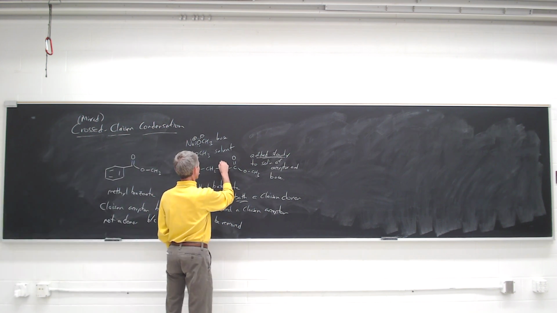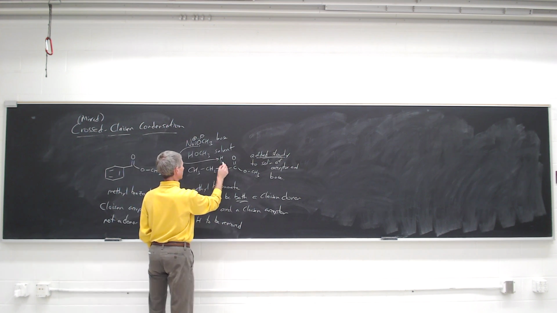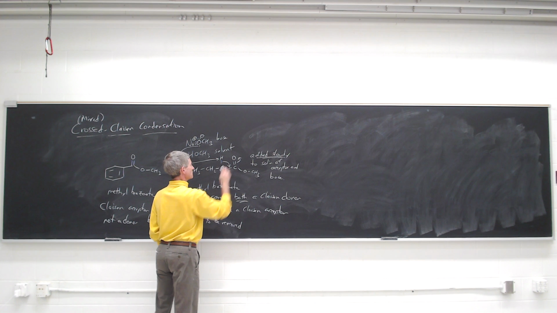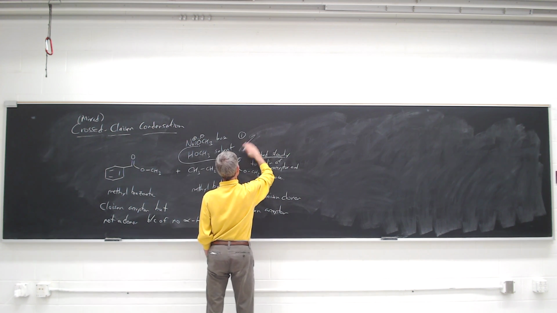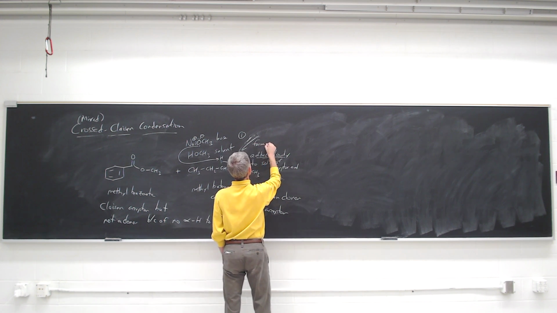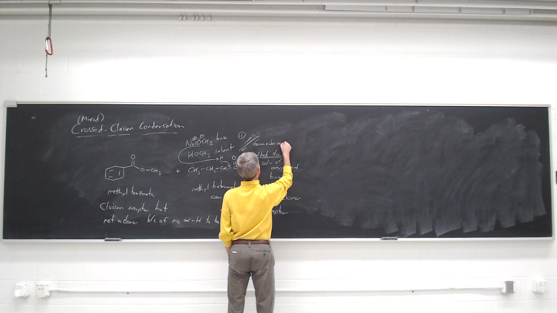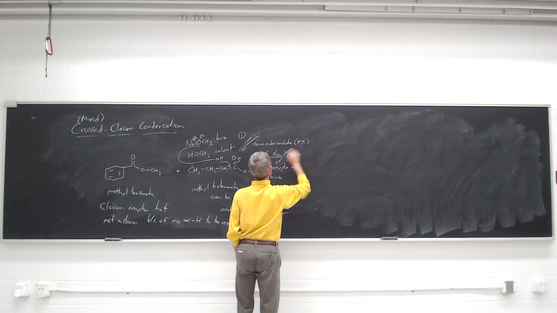The mechanism is identical to the mechanism of the ordinary Claisen. First form the ester enolate, and the equilibrium lies strongly to the left. That's just an acid-base reaction.